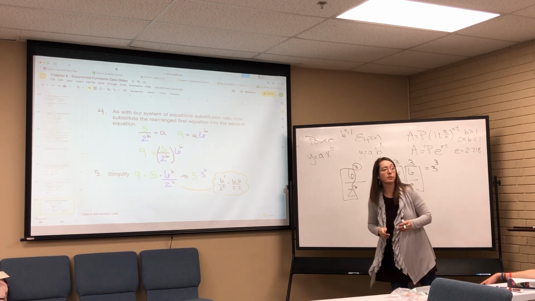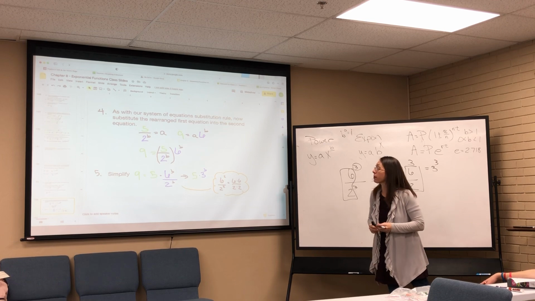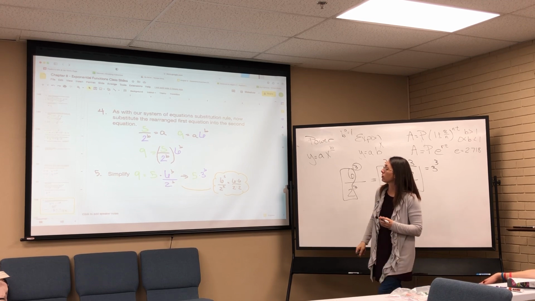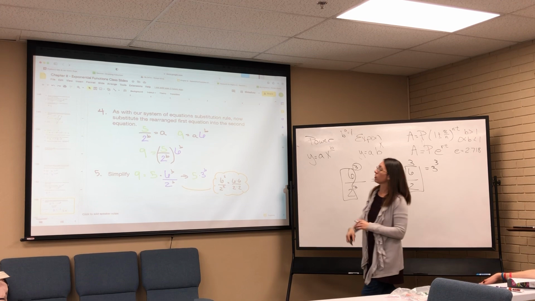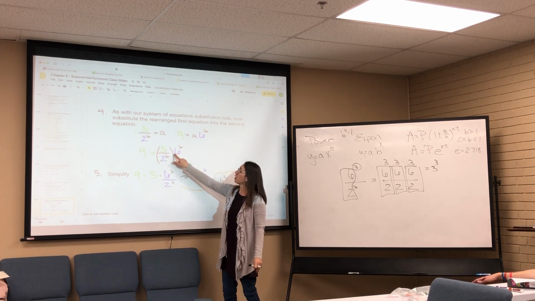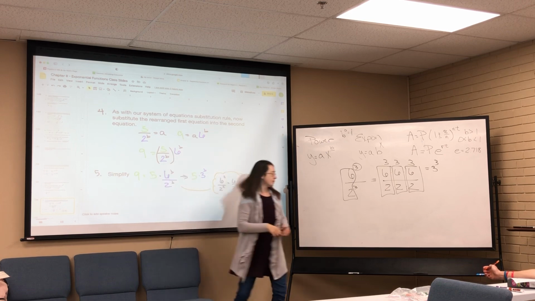Yes, sir? On the question, you're multiplying, but then on number 5, it's 5 over 2b times 6b, but then it's 9 equals 5 times 6b over 2b. It's like the 5 and 6 just switch places, because this is all multiplied.